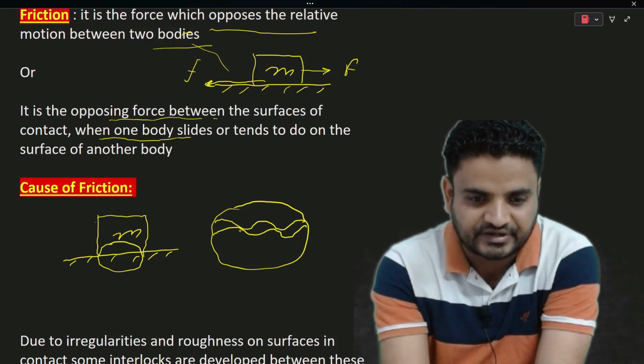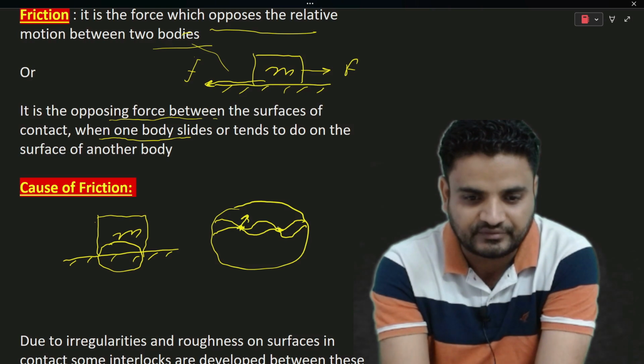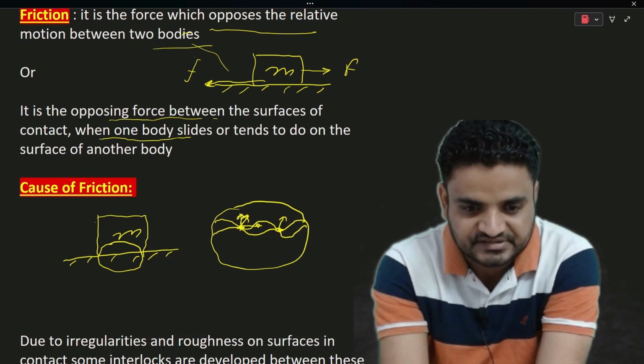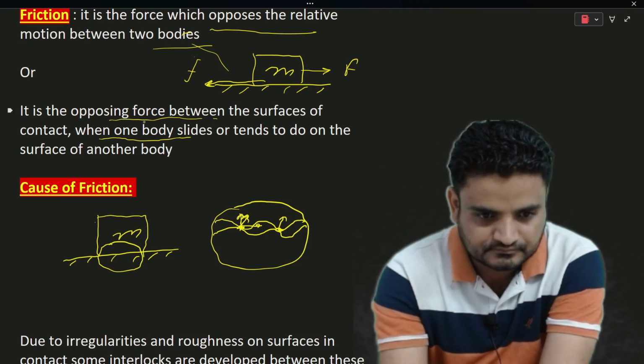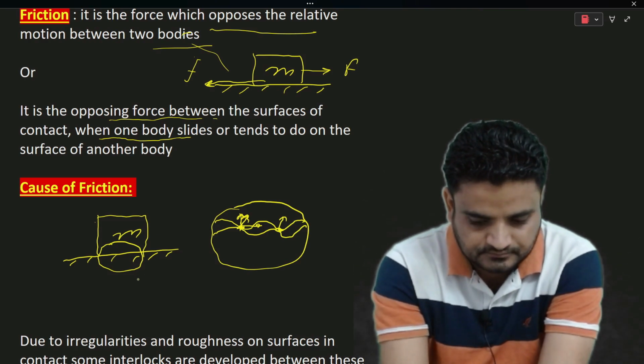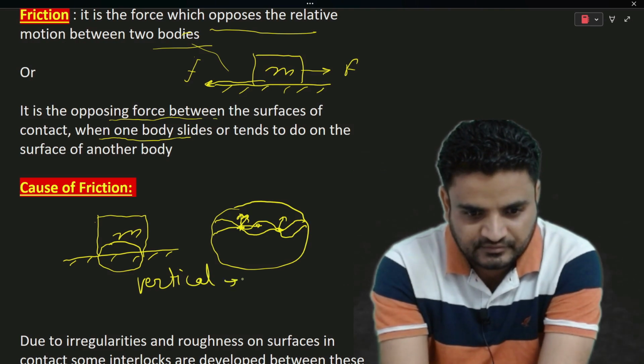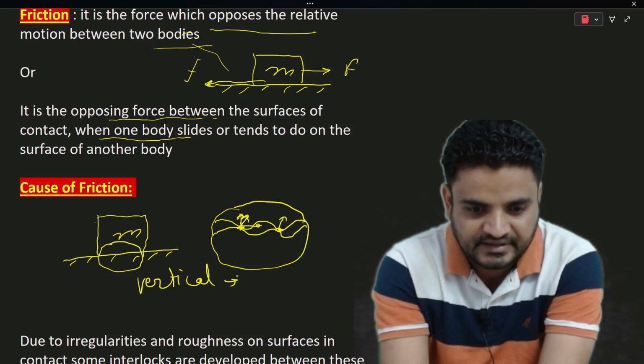Now these are the contact points, and if we draw the normal at these points, it will be like this. Now if we resolve the normal into horizontal and vertical components, all the vertical components will add up and they will balance the weight of the body.